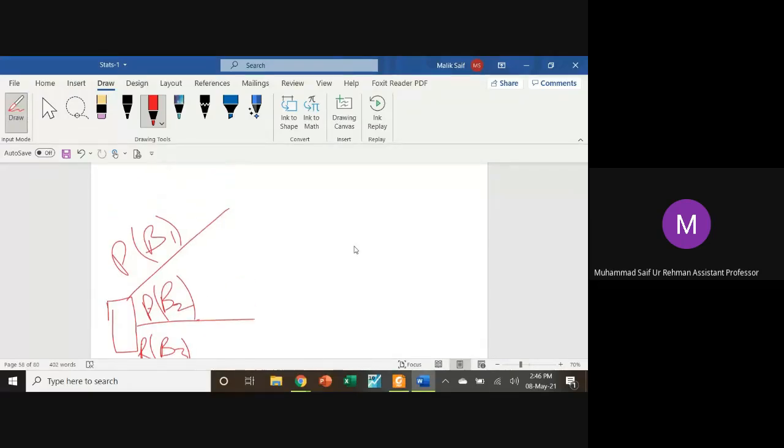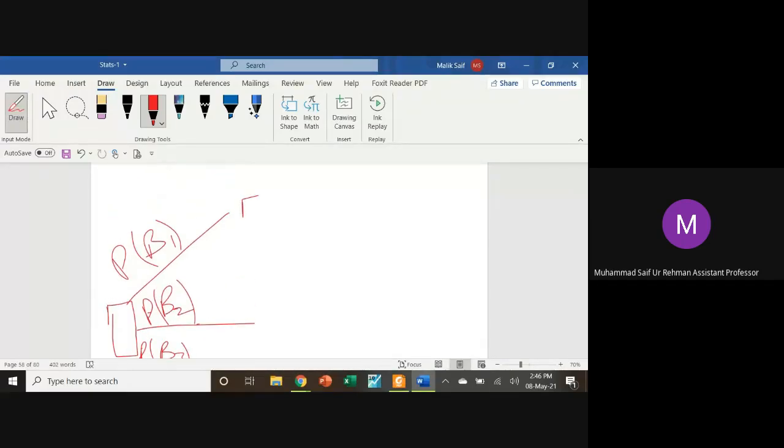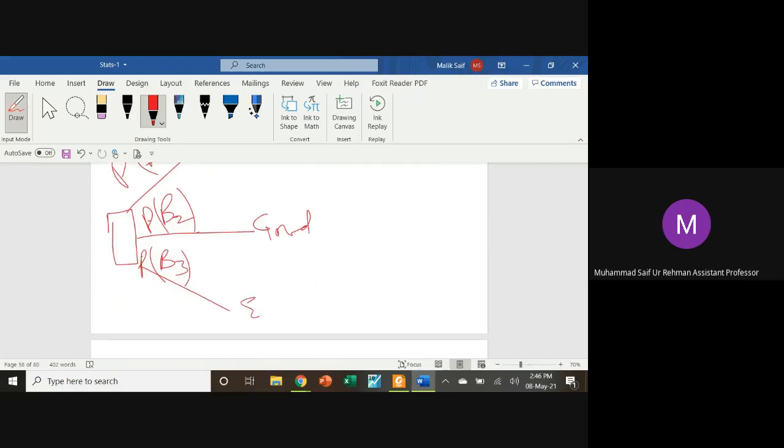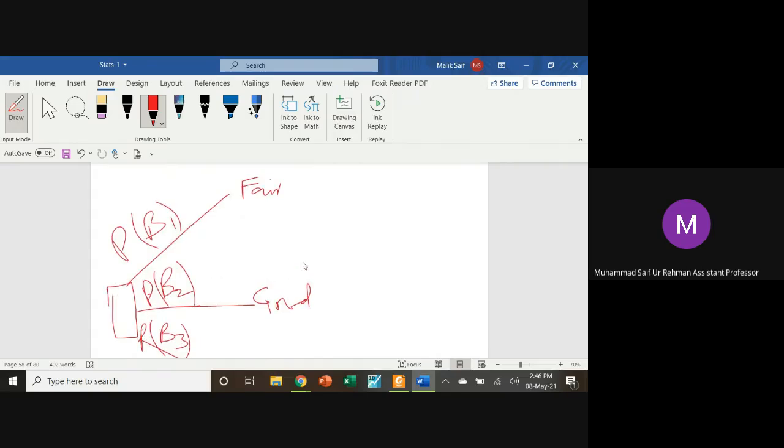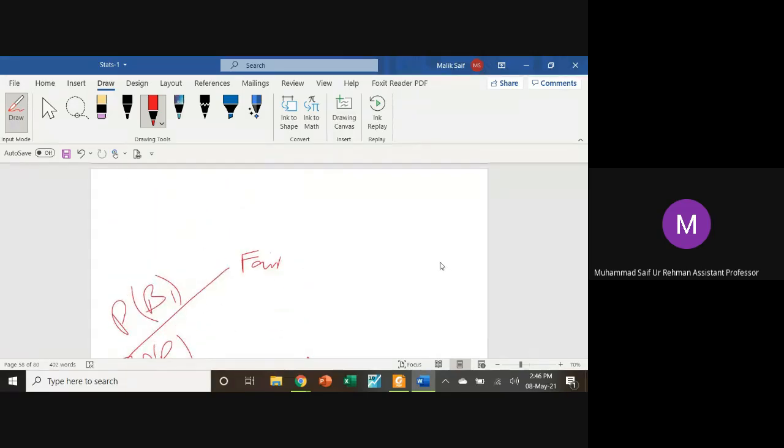Okay, here you may write down fair, good, and excellent. Or otherwise, you may write down B1, B2, and B3. It's up to you what you write.